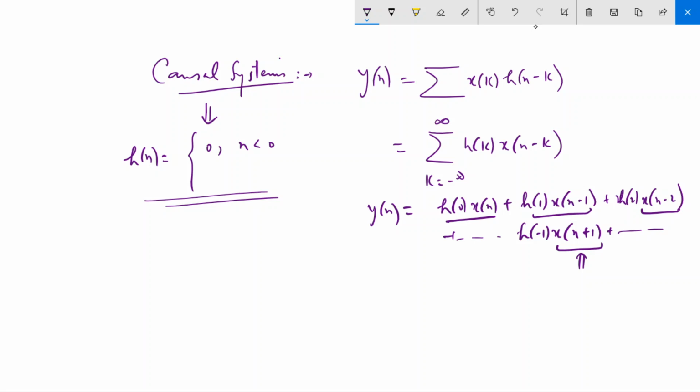If its impulse response is not 0 for n less than 0, you are going to get the future values of the output in this equation of convolution. As a result, this system will become non-causal.